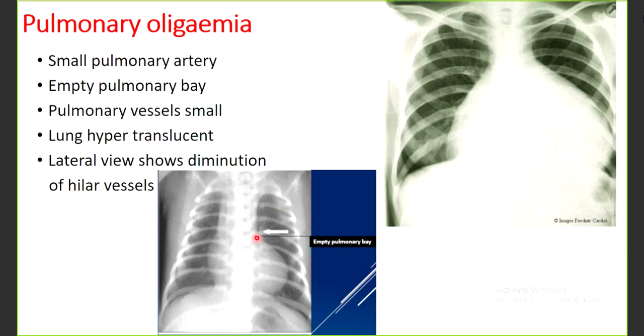If the pulmonary bay is empty, but the lungs are not hypertranslucent, that means that the PA blood flow is not prominent. However, the lung parenchyma is getting blood flow through some other source, either through a PDA or through collaterals from the aorta, especially in congenital heart disease, which we call MAPCAs.